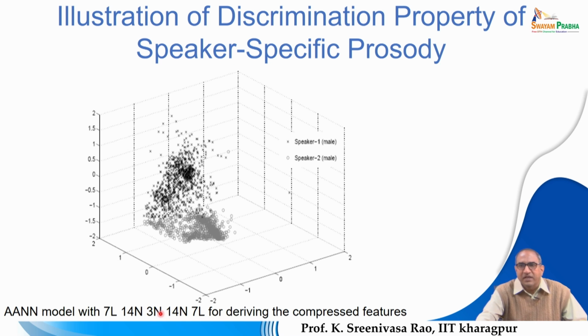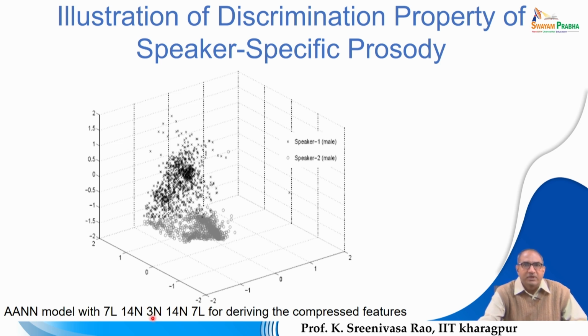This is just to illustrate that using an auto associative neural network we can represent the features in a very compact way, so that it contains more generic information which carries the discriminative information for the classes meant for discrimination.